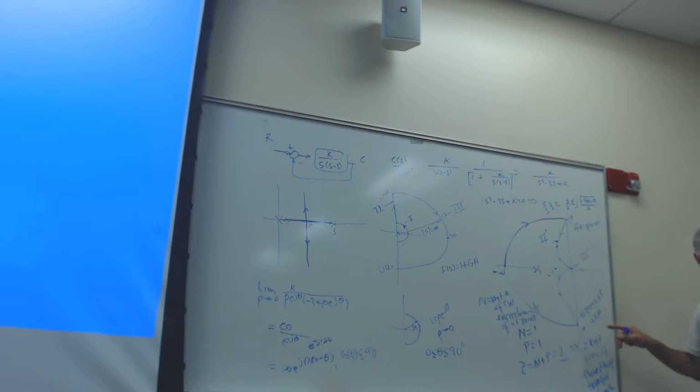Therefore, it's equivalent to the number of right half plane poles of the closed loop transfer function. Does that make sense?